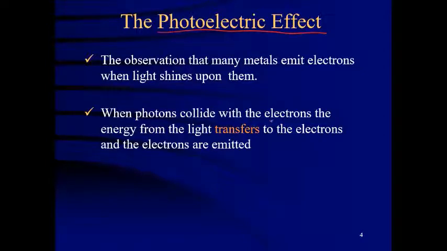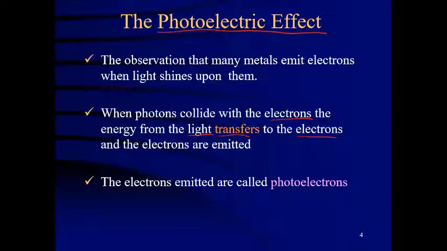When photons collide with the electrons, energy is transferred from the light to the electrons, and then the electrons, of course, are freed from the atom. They overcome the attractive force, and they are emitted or released from the atom. The electrons that are emitted are called photoelectrons because they're in an excited state. They have more energy.